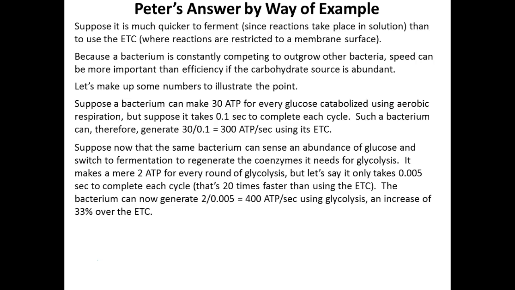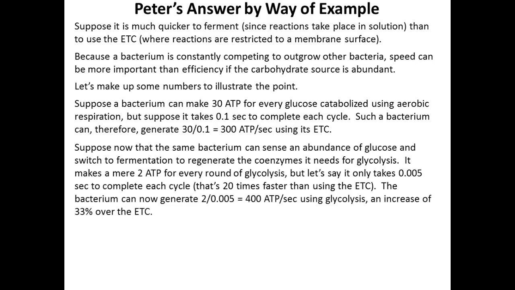Right? So it is to their benefit, since there's a lot of sugar, to just process it very quickly to generate a lot of energy very quickly, as opposed to going the long way where you're not going to generate as much energy. You're not as efficient, right? You're not getting all the possible energy when you ferment, but you are getting energy.